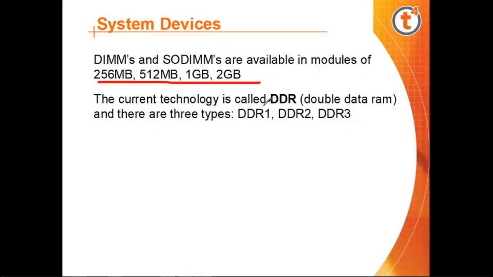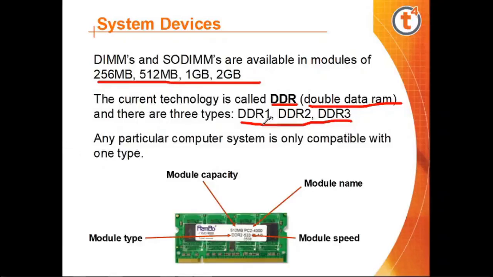The current technology is called DDR, defined as double data rate RAM, and there are three types: DDR1, DDR2 and DDR3. There are various others, but for now only three are given. Any particular computer system is compatible with only one type, not more than one type.